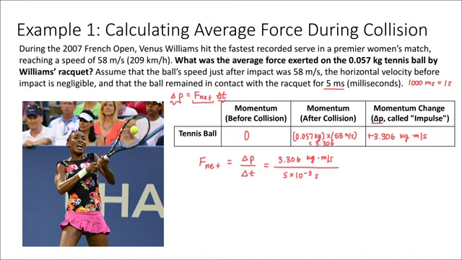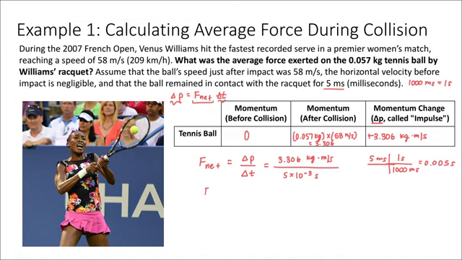If you don't believe me, you can also do a little bit of dimensional analysis. 5 milliseconds, if we were to go from 1,000 milliseconds to 1 second, you divide 5 by 1,000, you will get 0.005. In other words, if you multiply by scientific notation, that would be 3 decimal places to the left. So you can either say 0.005 seconds, or 5 times 10 to the minus 3 seconds. Either one works just fine.